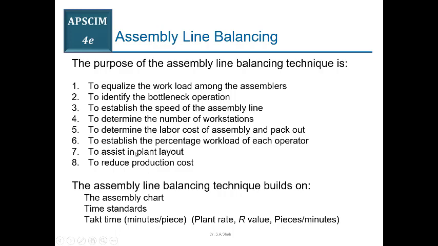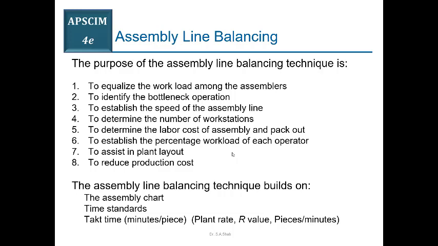You have to assist in the plant layout. So when you have that distribution, that distribution will then definitely make a plant layout. So the distribution that you make will give you the sequence, and once you get the sequence, that sequence will be basically the plant layout.